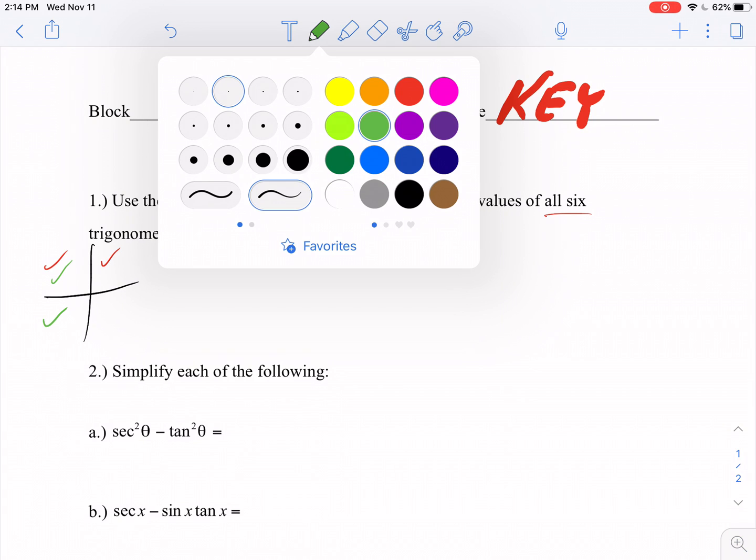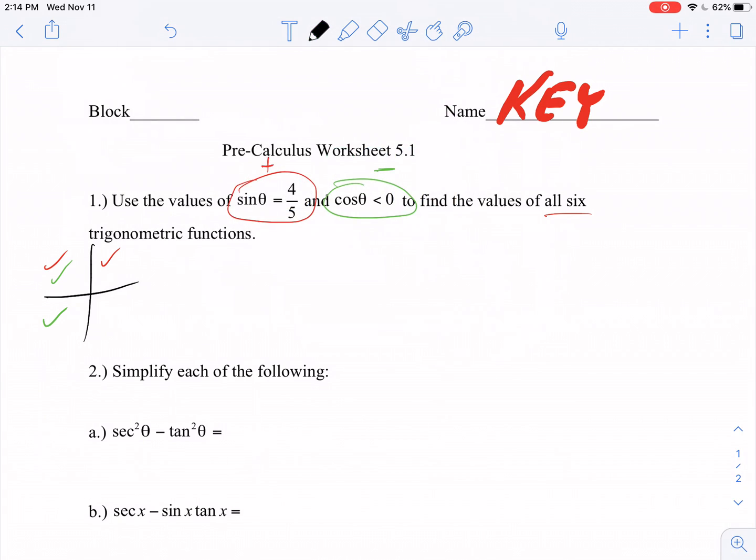So what we're going to do is draw an xy axis, and I'm going to put a triangle in the second quadrant. So I come out from the origin, go back vertically to my x-axis, let's call it theta. I will label it with the 4/5 from my sine, so the opposite is 4, the hypotenuse is 5, and some of you might recognize that.